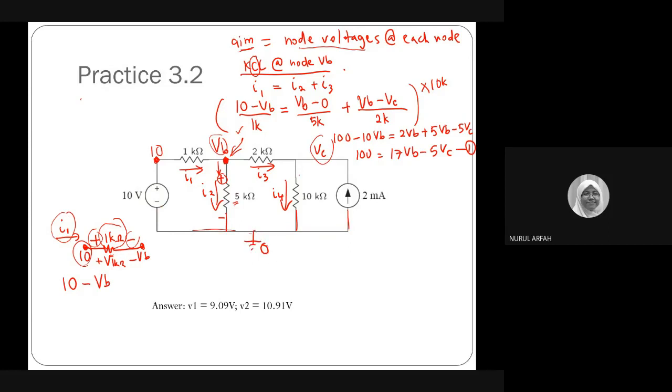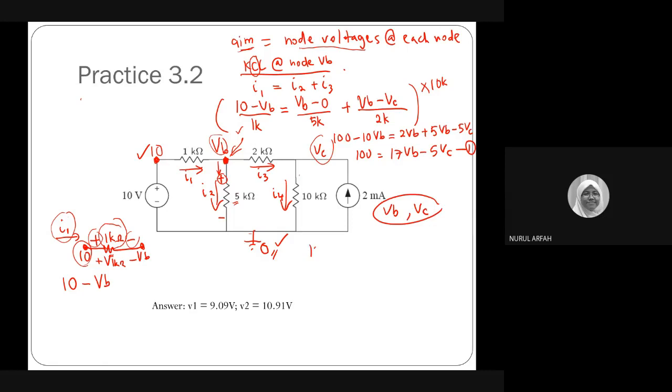The ground, the reference point. What is the value at the reference point? Equal to 0. So since this one is already known and this one is also known, only VB and VC are the unknown. So this is your focus.